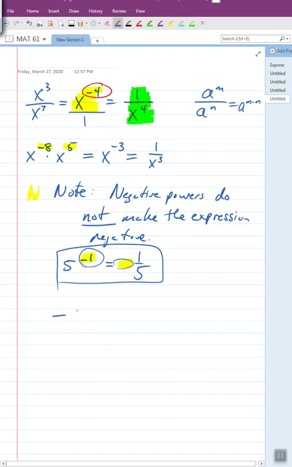Now notice if I had negative 5 to the negative 1, does everybody agree that would be negative 1/5? Because this part says take the reciprocal of 5, which is 1/5, and then this negative is here just because there was a negative to begin with. Everybody see that?